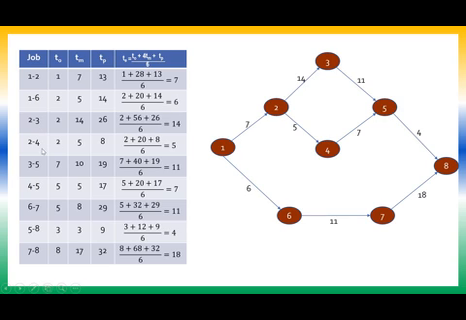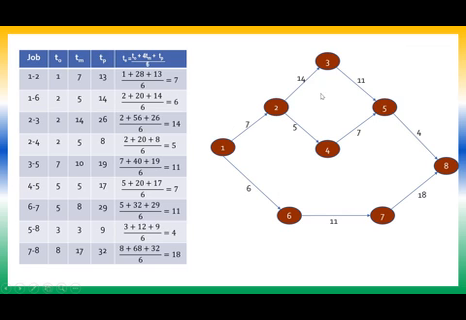Then I have 2 to 3 and 2 to 4, one activity each, with durations 14 and 5. Then I have 3 to 5 and 4 to 5 with durations 11 and 7. Then I have an activity 6 to 7 with duration 11. Then I have 5 to 8 and 7 to 8, two activities with durations 4 and 18.